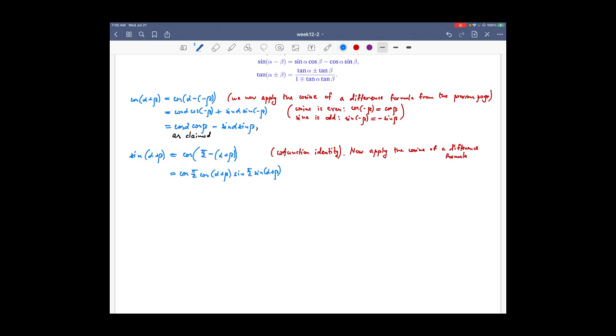And we haven't really proved anything because we just proved that sine alpha plus beta equals sine alpha plus beta. Cosine pi over 2 is 0, sine pi over 2 is 1, so we proved that x equals x.